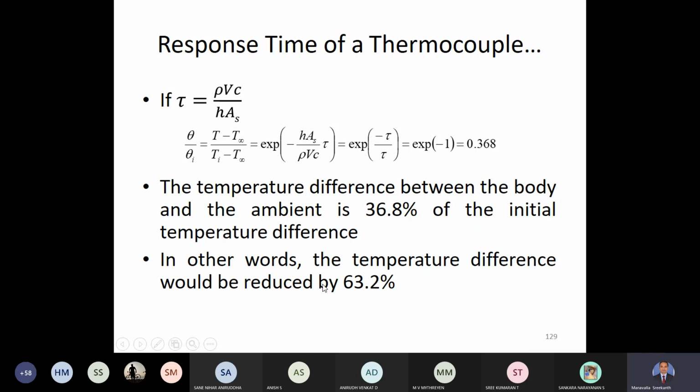This is the attained temperature difference, and this is the remaining, unattained temperature difference. This will be the result at the time when t equals tau. We shall work out a problem on this, then you will understand what exactly this means.